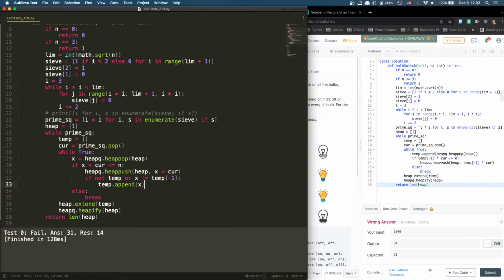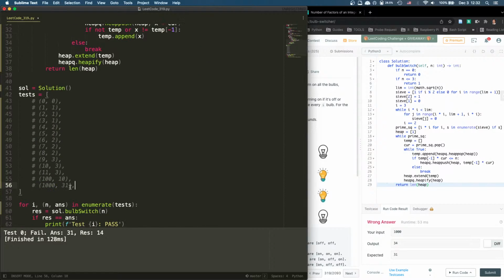And if this was not equal, so if this was equal to the temp, the last temp, then we don't append. Otherwise, we append. And we go back up, and we pop the next smallest, and do this again.